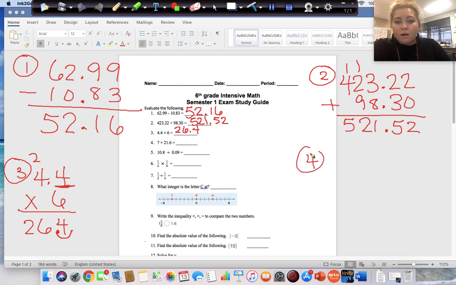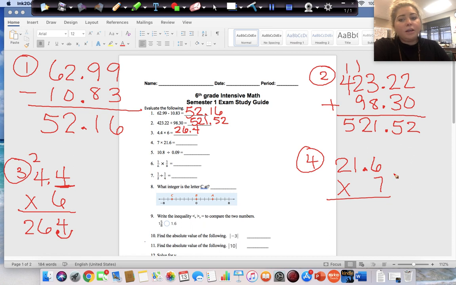Number 4, we have 7 times 21.6. Remember that when you are multiplying with decimals, you can use the commutative property and switch your numbers around, whichever is most helpful. Here we want our longer number on top. That's going to make this so much easier for us. So 21.6 times 7.